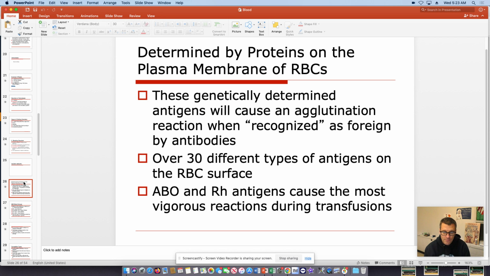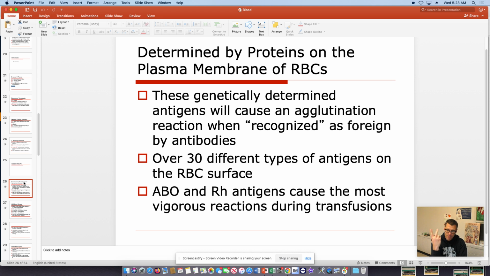What we're really talking about is what's on the outside of the red cells, and they will cause an agglutination reaction when they're recognized as foreign by the antibodies in your body. There are over 30 different types of antigens, but we really only talk about three.